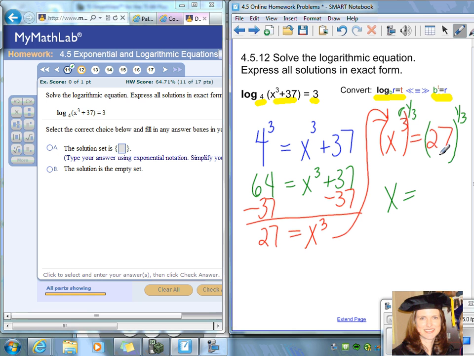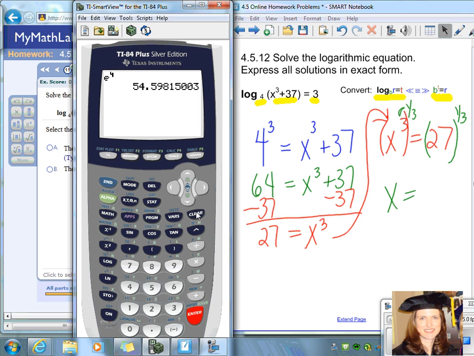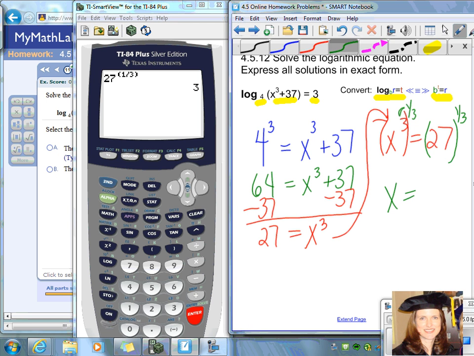That's also the same thing as the cube root. You may use a calculator here to find 27 raised to the 1/3 power. I like to put the 1/3 in parentheses, and you should see that the answer is 3. x equals 3.